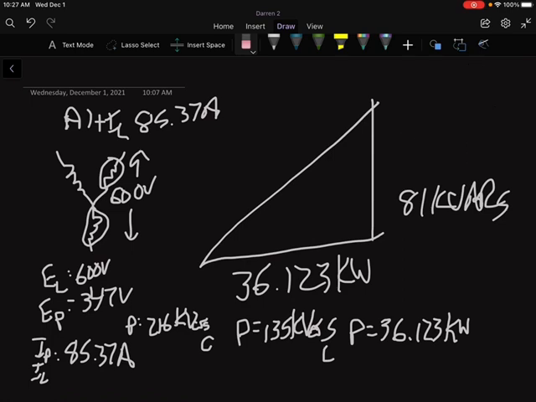So now we're going to do Pythagorean theorem again. We do 81 squared plus 36.123 squared, and we get 88.69.